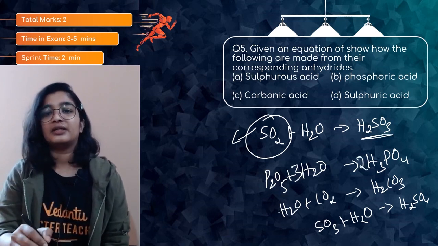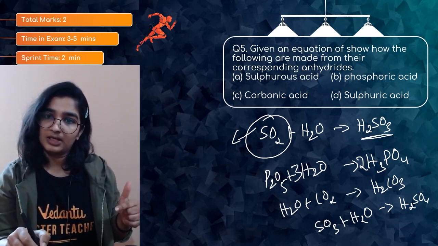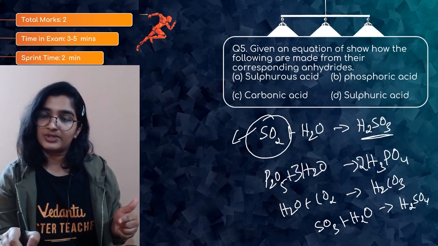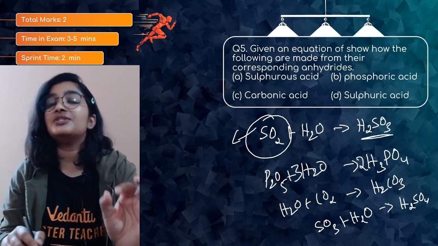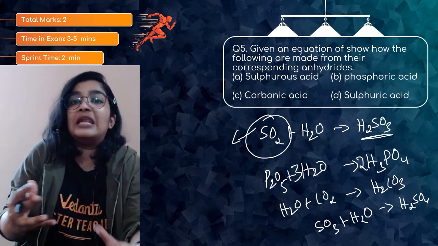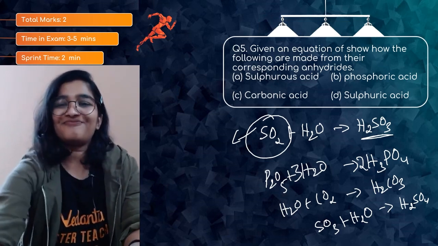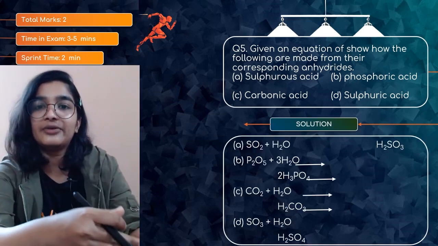Okay? Rest all are balanced. Sulfur 1, and you have 4 oxygen atoms on the right hand side, 2 hydrogen. So these are the equations. Even though they have not mentioned balance it, always write the balanced equation. Easy, no? So you understood what is an anhydride?